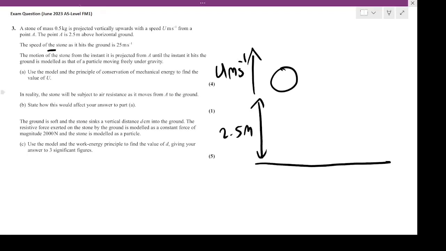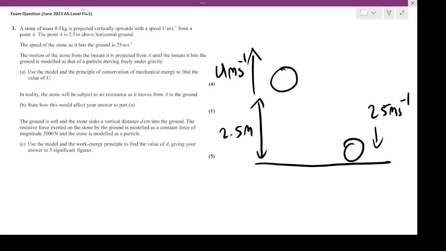Then I'm told the speed of the stone as it hits the ground is 25. The stone will move up and then come back down to the ground, so when it hits the ground the speed is 25.